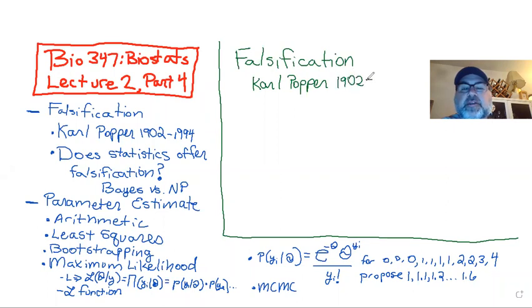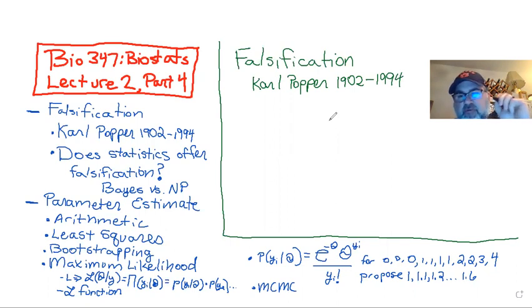So he lived 1902 and he died in 1994. And what he said is, for us to think a hypothesis is a good one, a robust hypothesis, we do our best to prove it false.